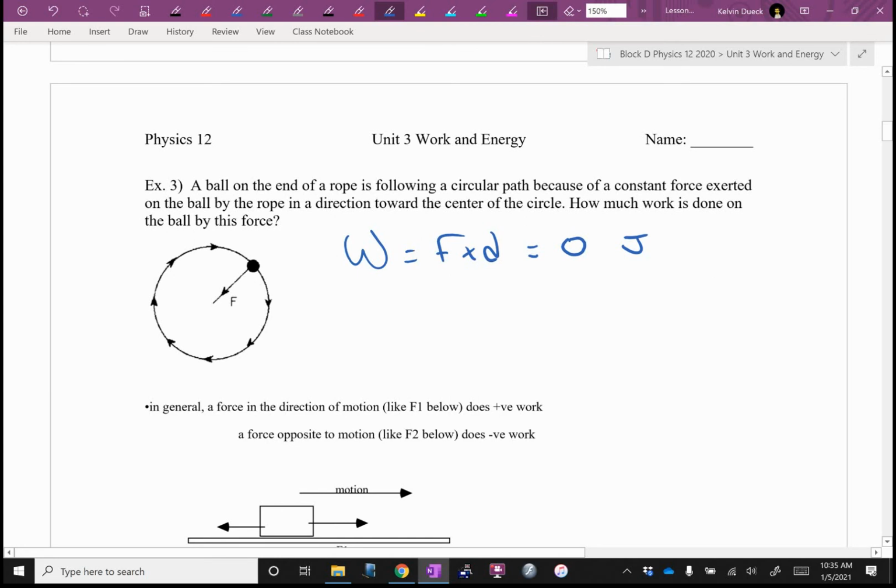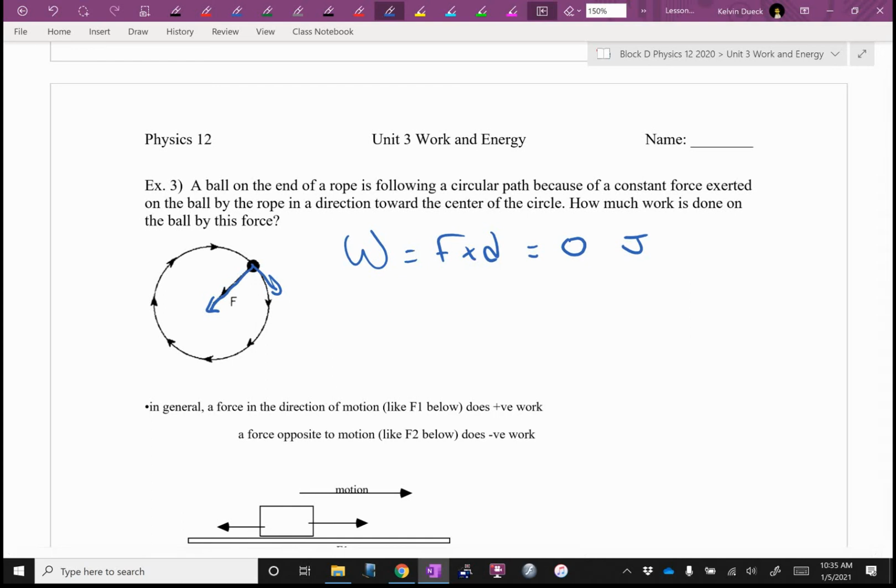What was on the first page, in the first paragraph, what was the condition that I gave you about the force and the distance? I said the force and the distance had to be in the same what? Same direction. Here, the force is inwards, but the distance is sideways, no work.